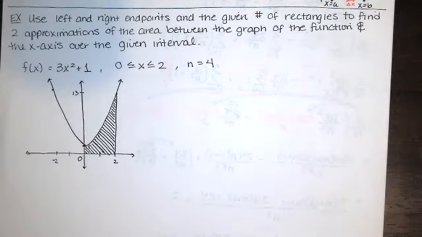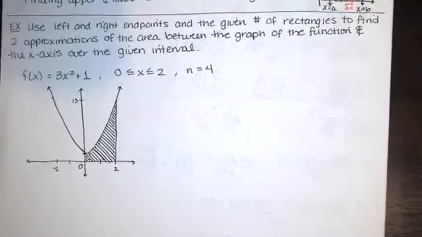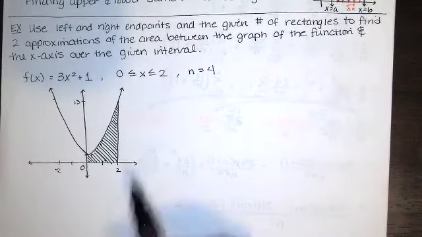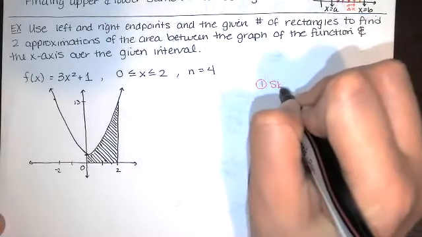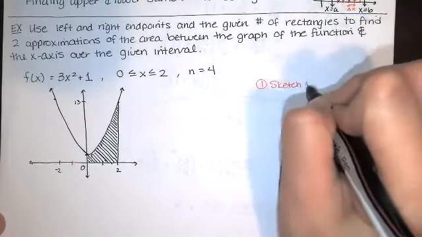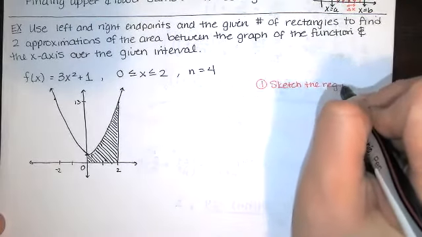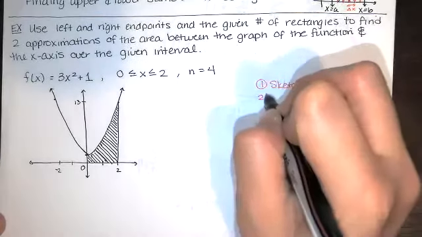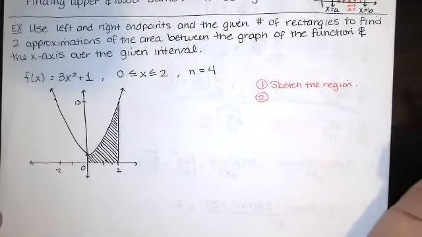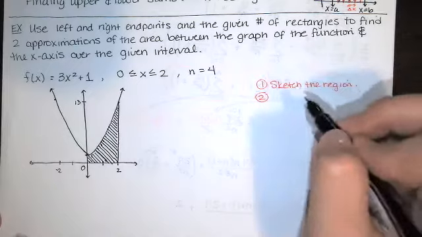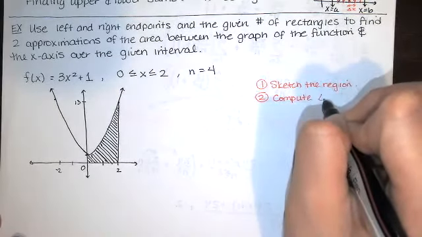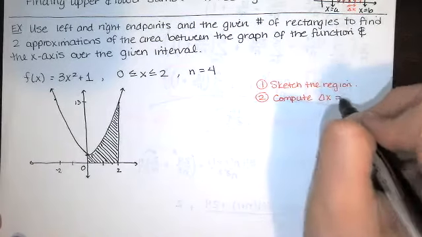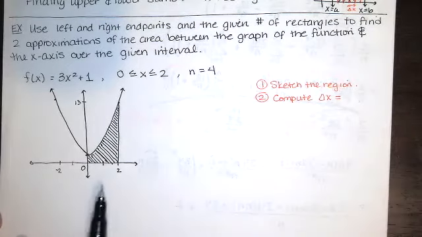Okay, so the first thing I do is sketch the region. The first thing I do after sketching is I compute delta x. That's the width of my subinterval. And delta x can always be found using this formula.